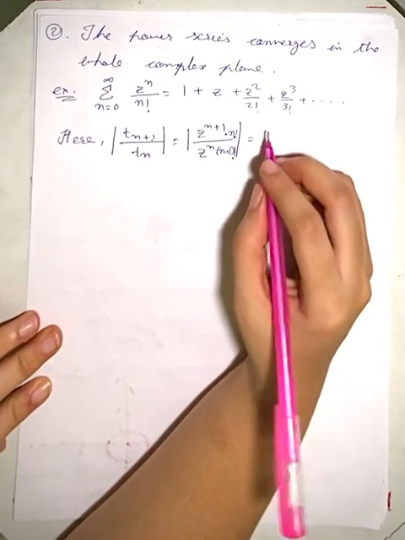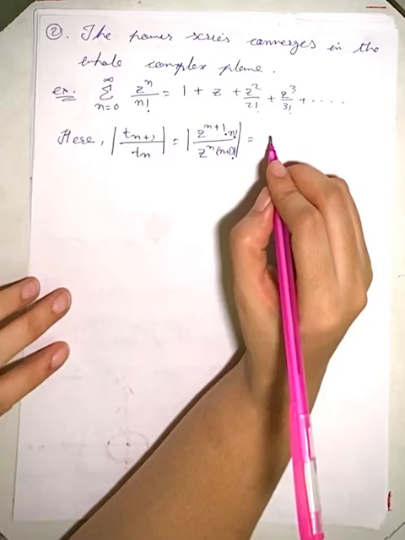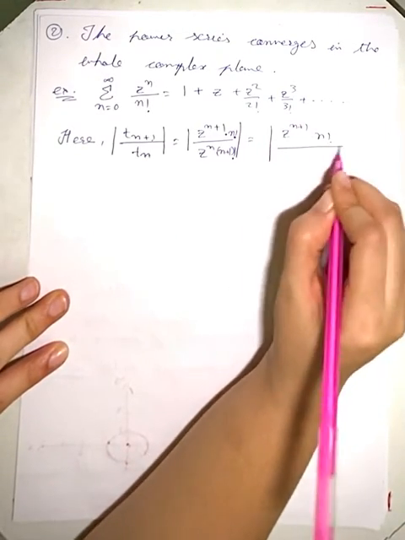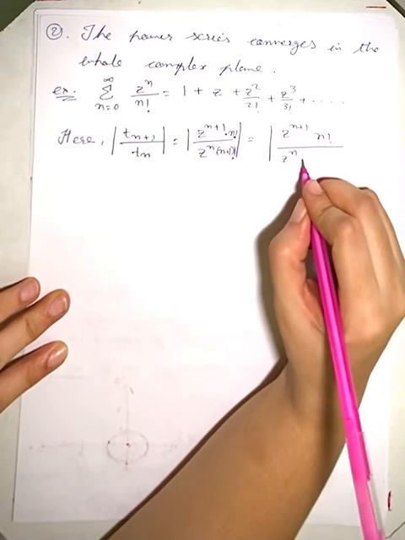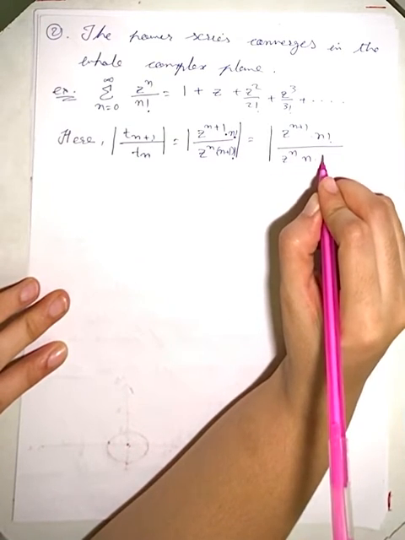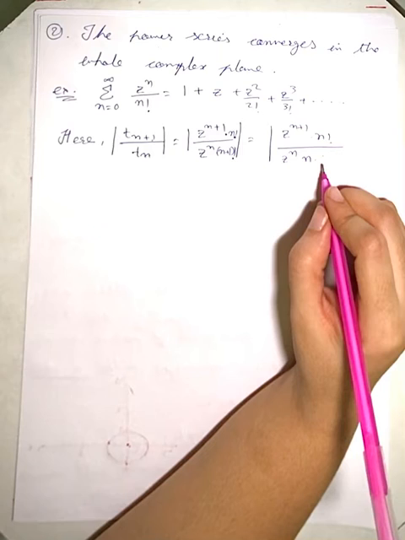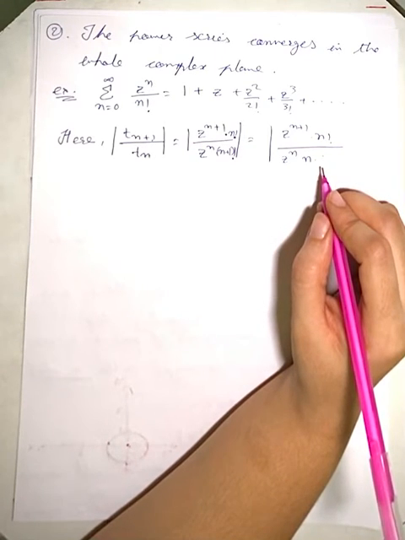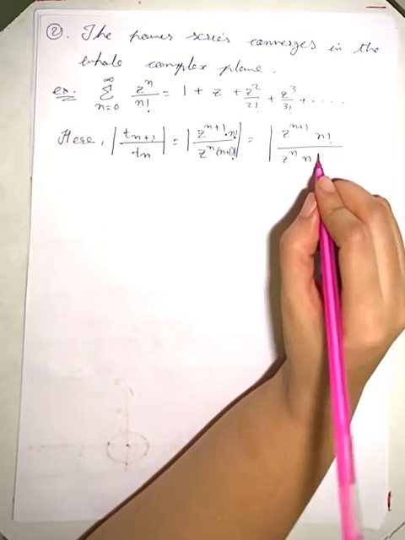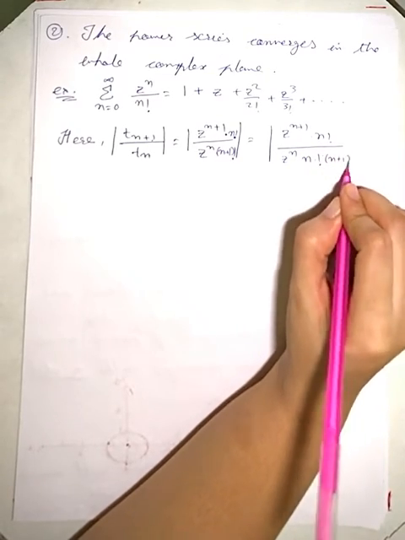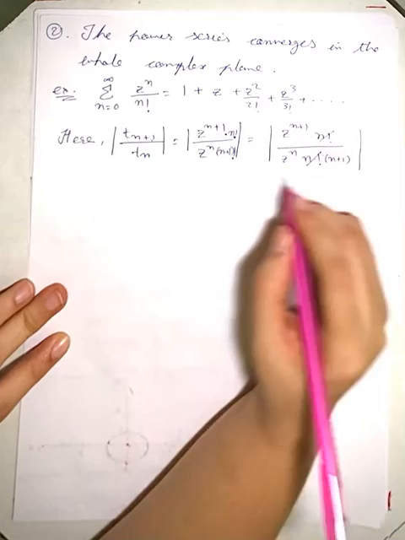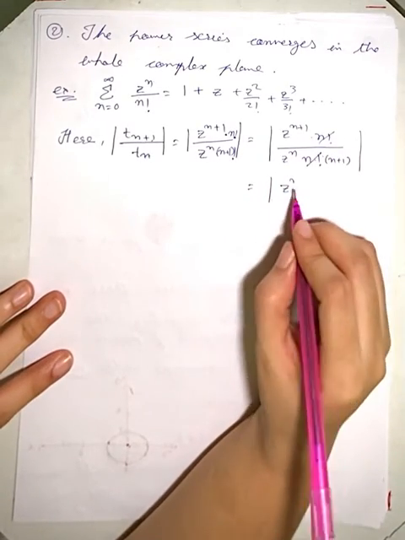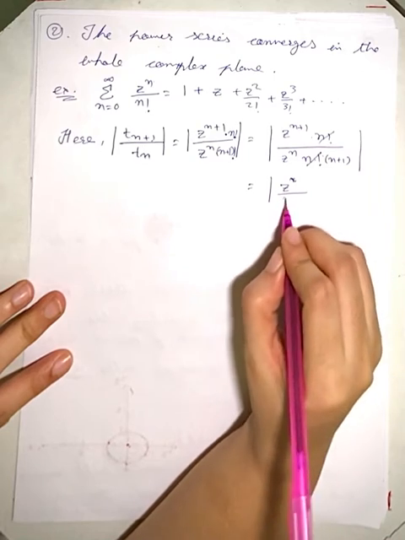So this will be equal to z to the n plus 1 into n factorial upon z to the n into n plus 1 factorial, and n plus 1 factorial is n factorial into n plus 1. So you are left with just z upon n plus 1.